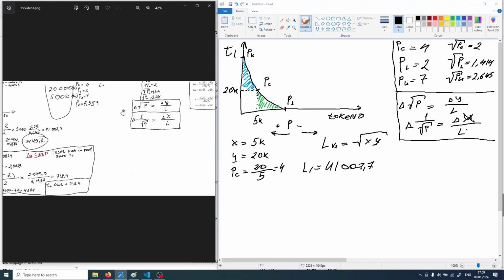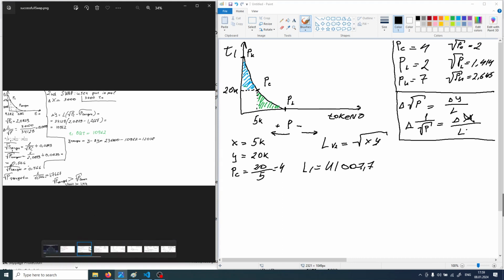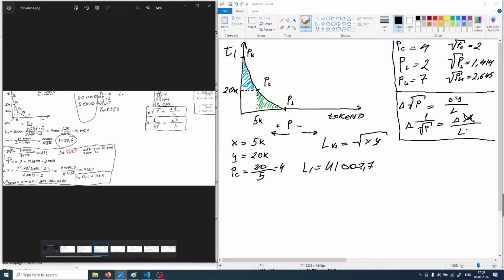We have the upper square root, here we can use this upper square root, it will be 2.645 multiplied by the square root of the current price, which will be 2, and divided by the subtraction of these values, and then calculate this, and we have 41,000. That is liquidity 1.